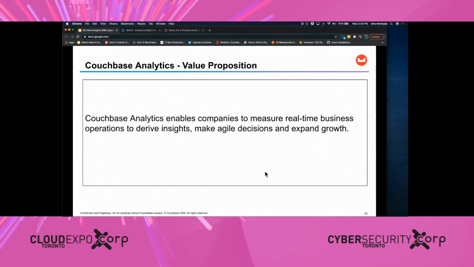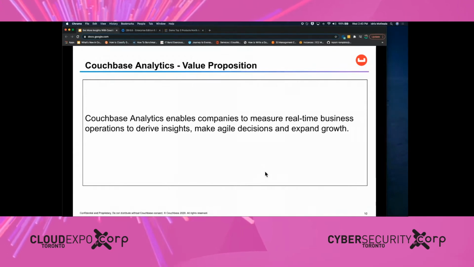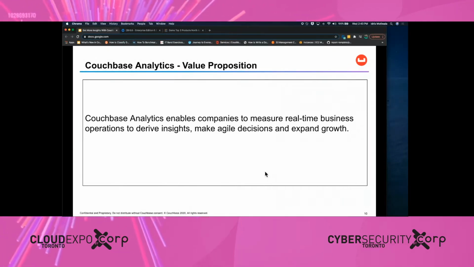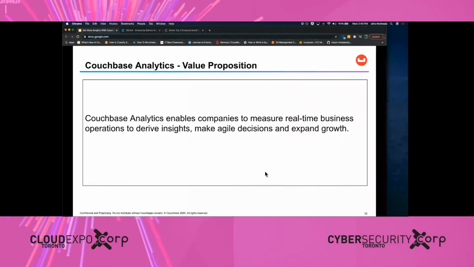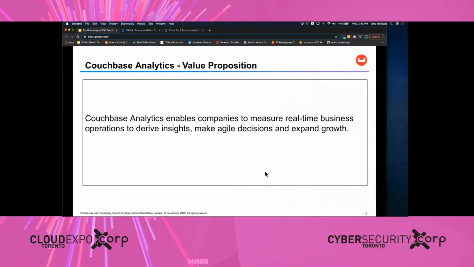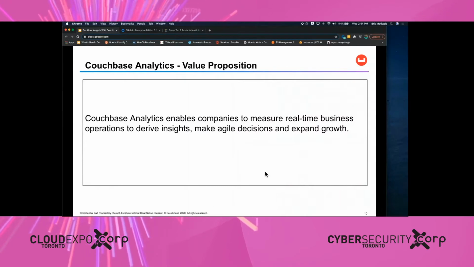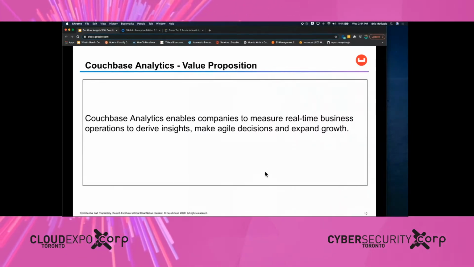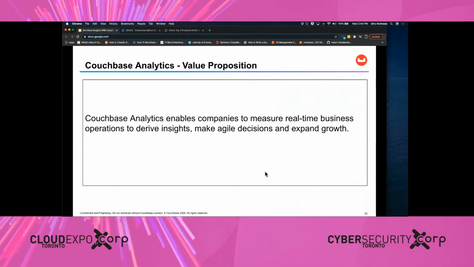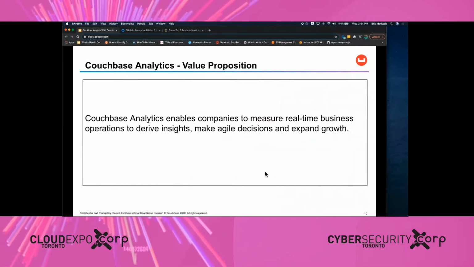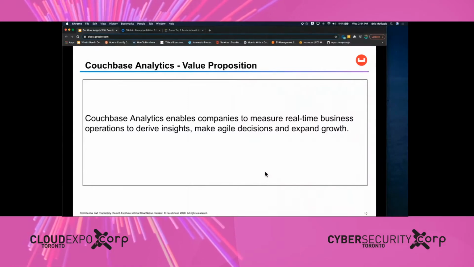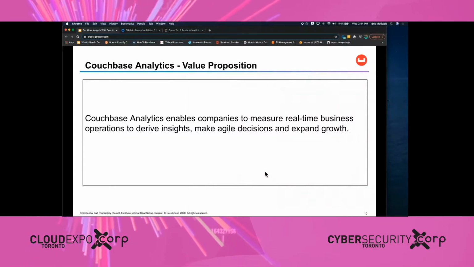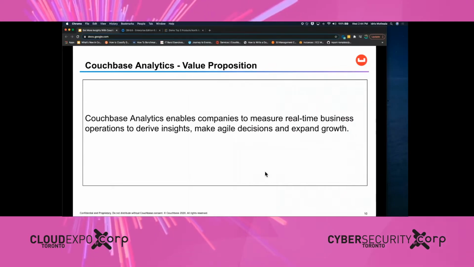So a value proposition here is analytics. Couchbase Analytics helps users analyze JSON data in near real time without the need to extract, transform, or load, right? And you don't have to load into a separate system. It allows you to develop insight-driven applications easily and quickly. And the two focus areas I want to talk about here are operational analytics and real time. Operational analytics is a process to use data analyses and business intelligence to improve efficiency and streamline everyday operations in real time.